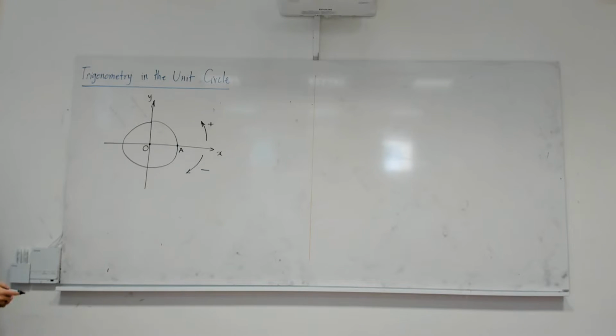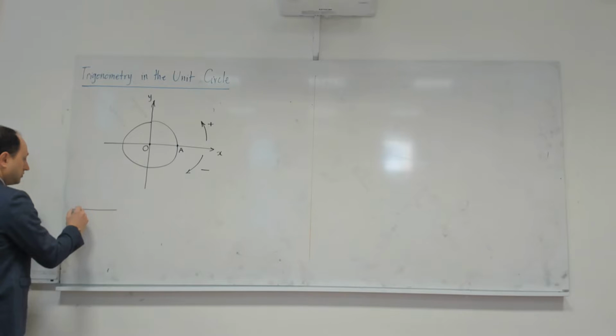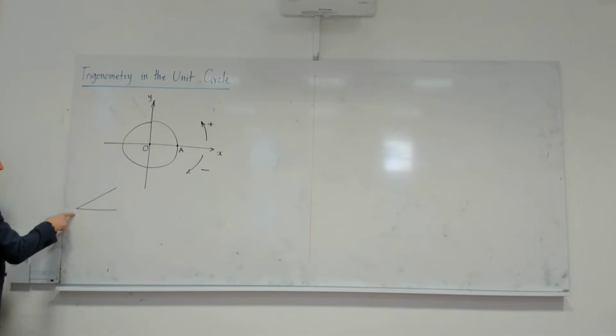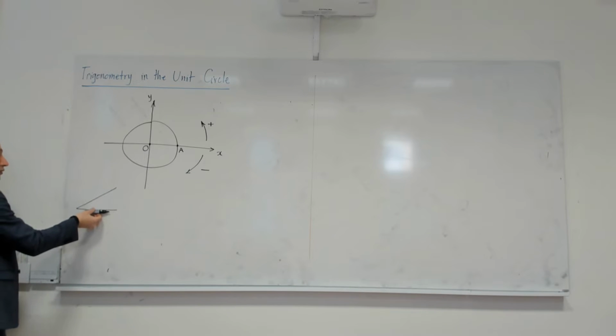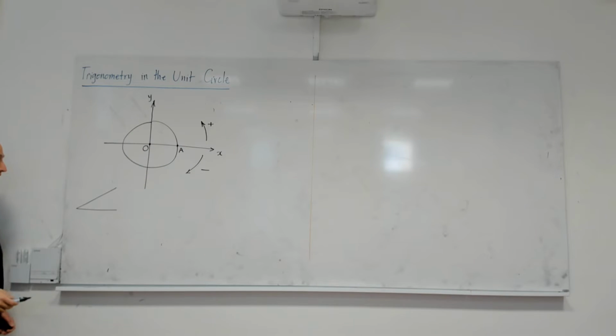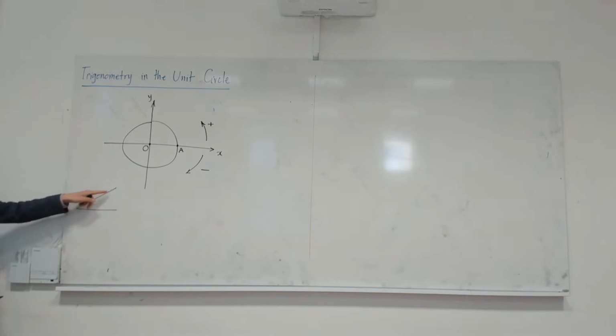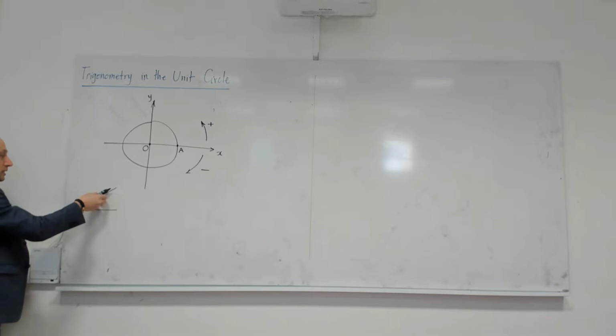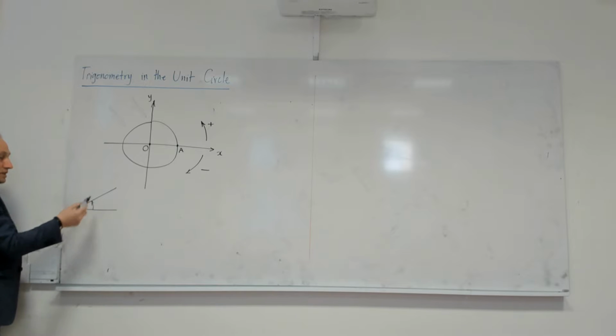First of all, I want you to understand that whenever we talk about an angle, an angle has two arms or two sides. One of them is this one, the other one is that one. So you always, just remember this word always, you have to put one arm on this horizontal line OA. And then you are free to choose the other arm, depending on how big this angle is.